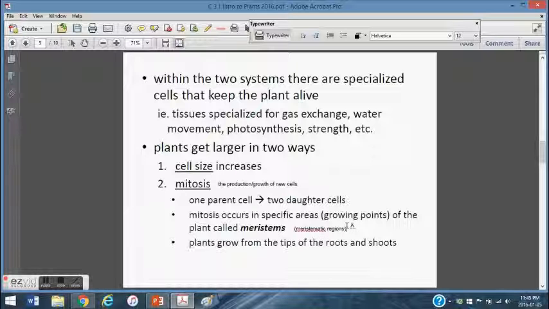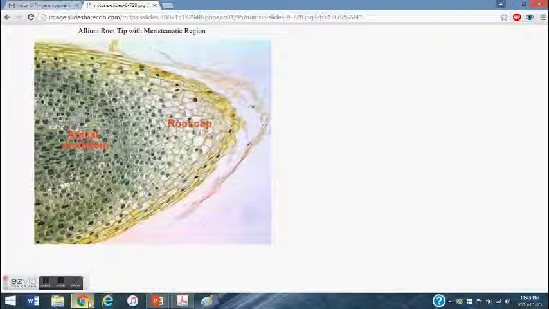So if you want to take a look at what these look like, you can see here, this is an allium or an onion root tip, and what you have here is the end of it is sort of a root cap. And then underneath that root cap, which is kind of what's pushing through the soil, you've got this region, and it's sort of a darkish greenish color here, that is the meristem region.